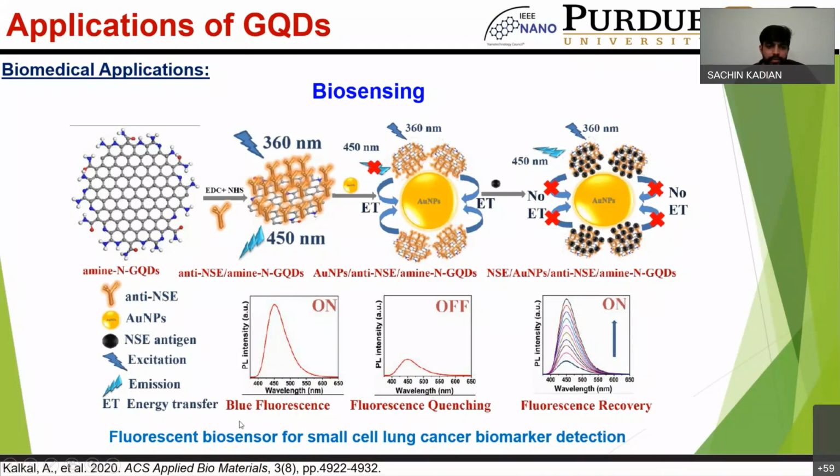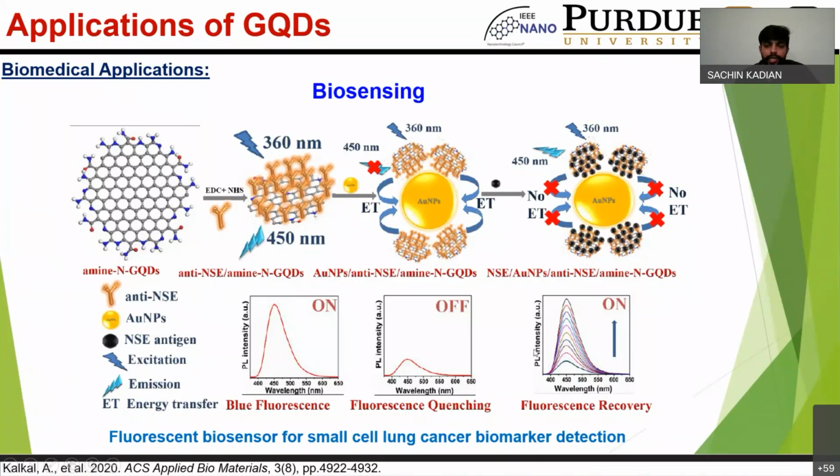The fluorescence of anti-NSE amine and GQD was quite high, and as they come into contact with gold nanoparticles, as gold nanoparticles are good acceptors, the energy transferred by the GQDs has been accepted by the gold nanoparticles.